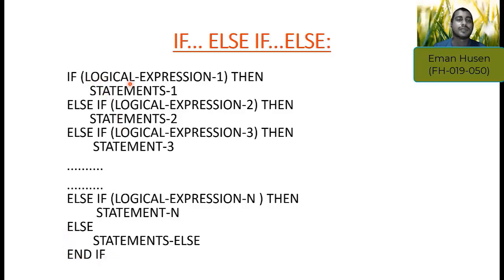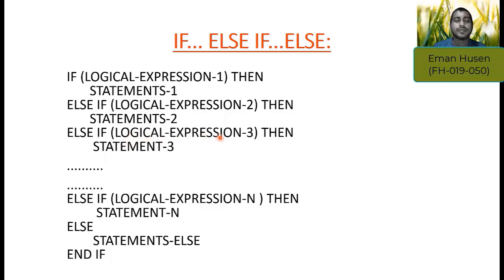If logical expression 1 is false, then Fortran evaluates logical expression 2. If the result is true, then statement 2 is executed, followed by the statement after end if. If logical expression 2 is false, then Fortran evaluates logical expression 3.